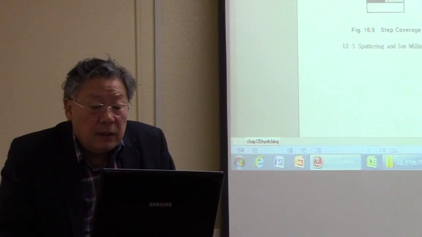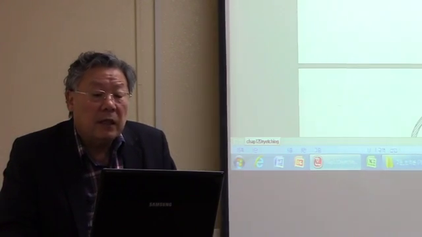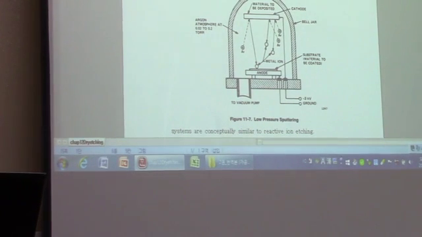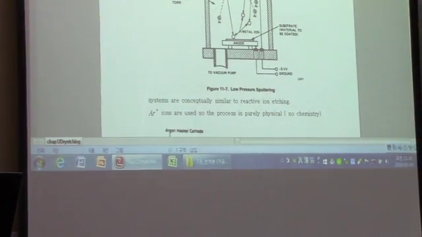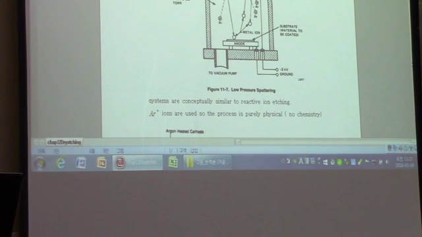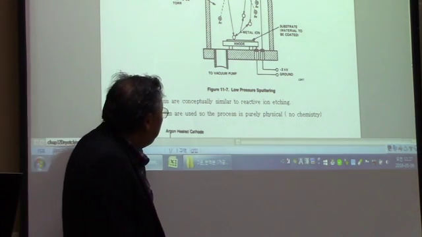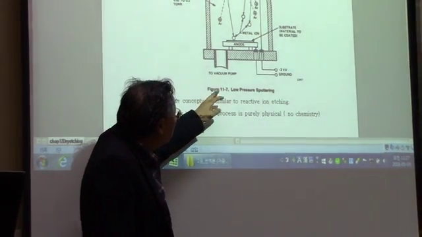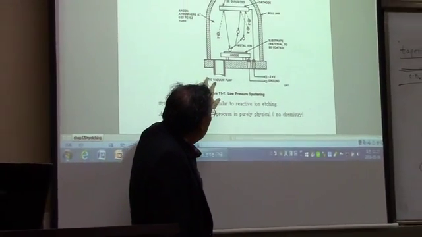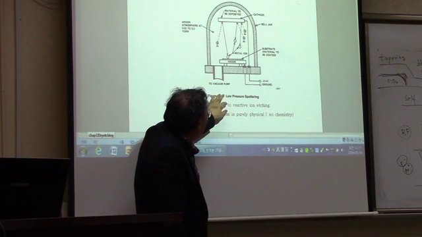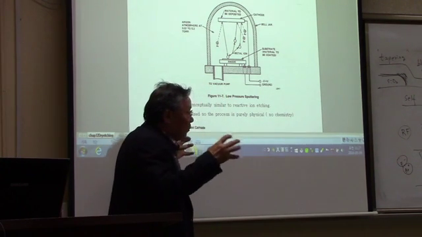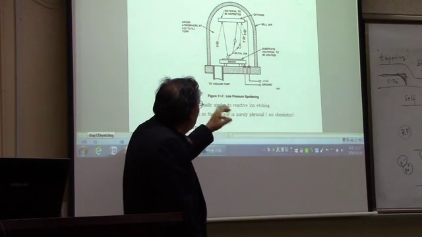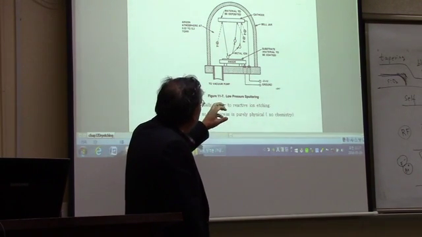Now, finally, let's discuss sputtering and ion milling. Okay. Now, this is a physical process, and no chemical process is involved. We have to have a low vacuum to increase the mean free path of the sputter element.